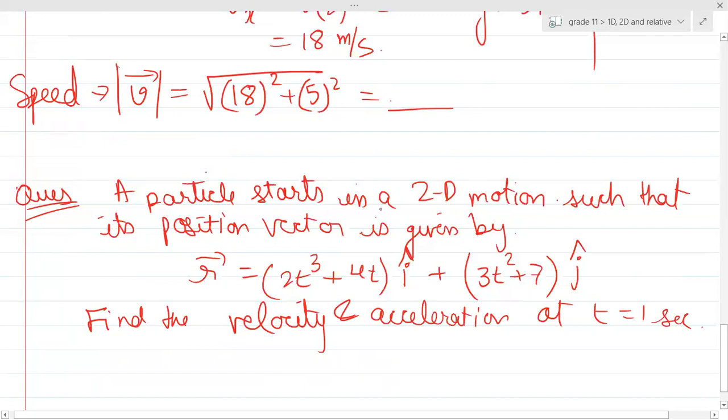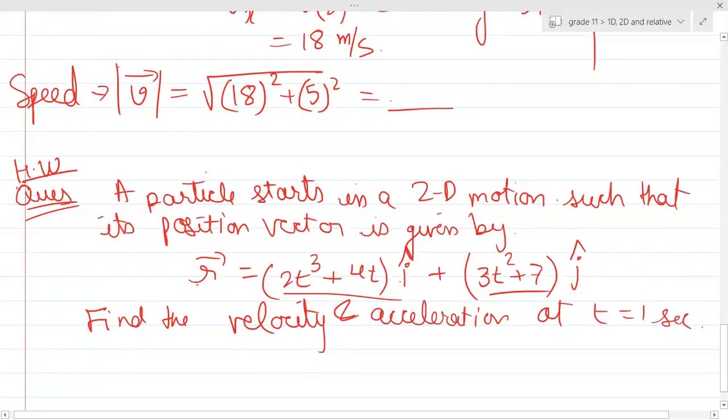Do it now. I wanted the next question because the next question is interesting. This question is similar to what you did already. Homework. It can be done. How will you find out the velocity? First of all, can you see the position vector is x i cap plus y j cap. Can you see the x coordinate in terms of time?